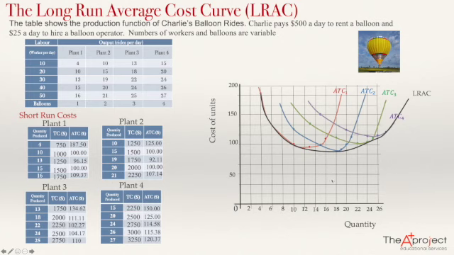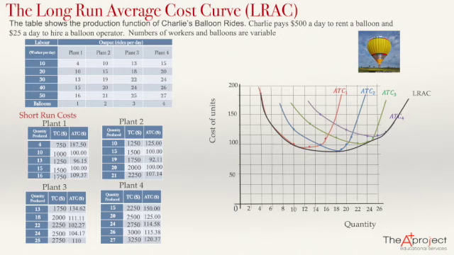Charlie obviously would like to have the smallest cost, but no, these costs are impossible. The possible costs are at the top, and this curve, the long run average cost curve, is separating the attainable costs from the unattainable costs that Charlie is dreaming of but cannot achieve. So this is the curve that helped me to understand the costs for Charlie in the long run, when we are analyzing all factors of production.